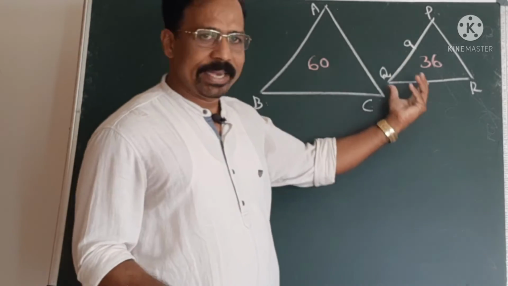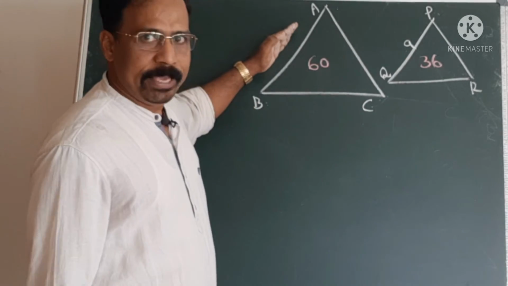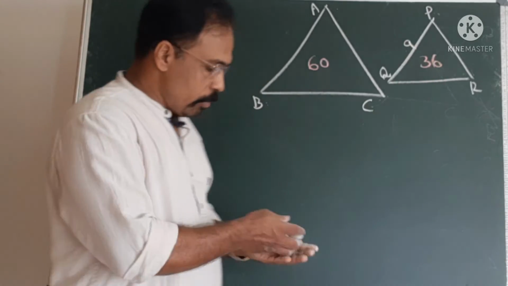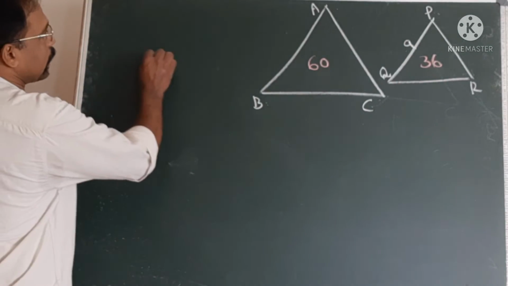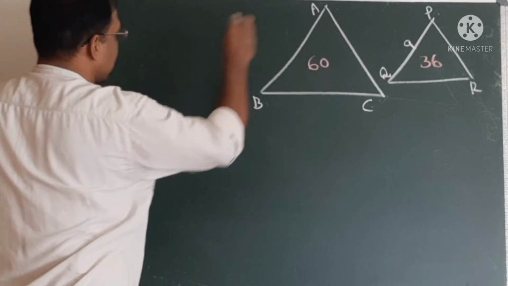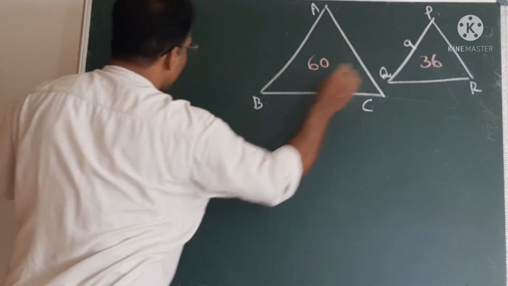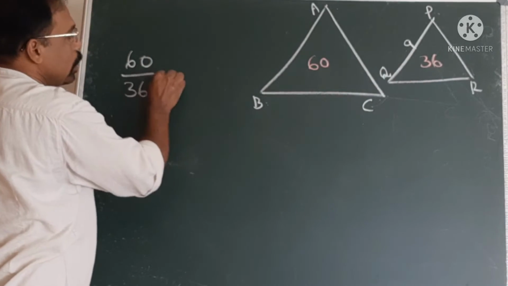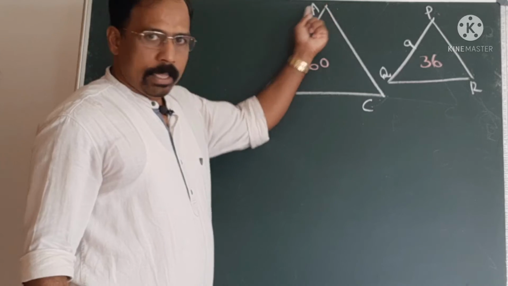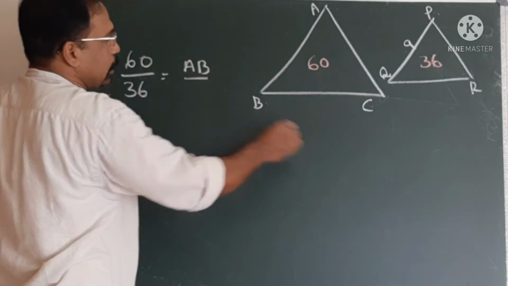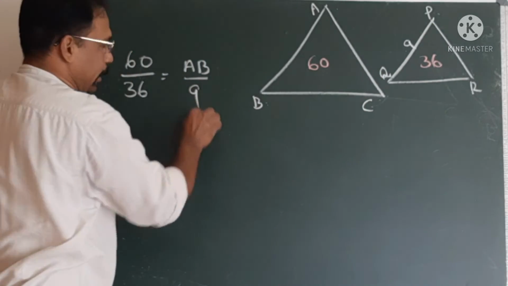So we have to find out the value of AB. The smaller side is given as 9. Now, let us do it. So, the perimeter of the bigger triangle, that is 60, divided by the perimeter of the smaller triangle, that is 36. Now, the side of the bigger triangle, that is AB, and the side of the smaller triangle, 9.